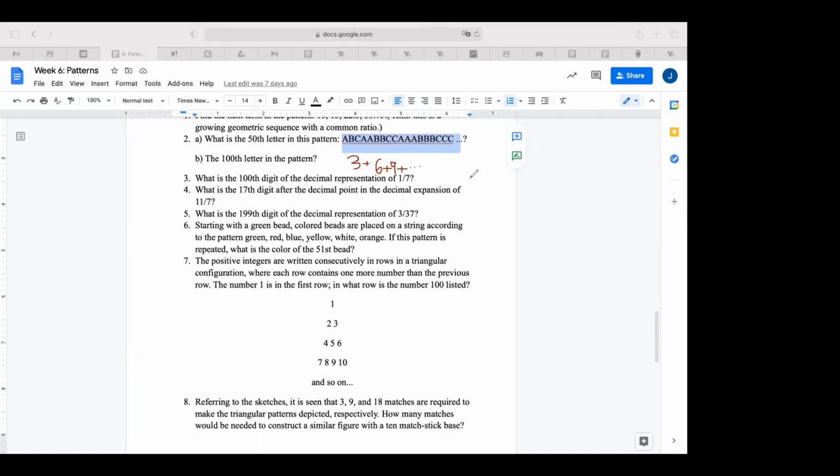And to find the 100th letter, let's just say before the 100th letter, there's already some repetitions of ABCs. We just have to count how many there are. So suppose the last repetition before the 100th term is where each letter repeats, let's call it n times.